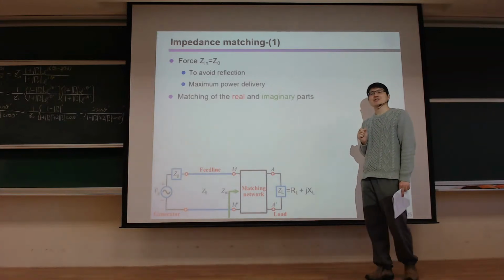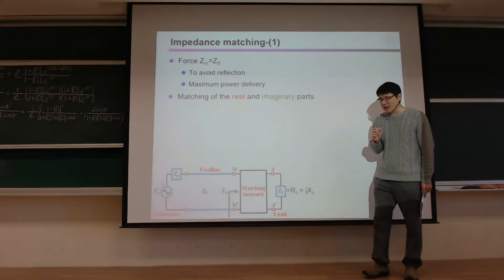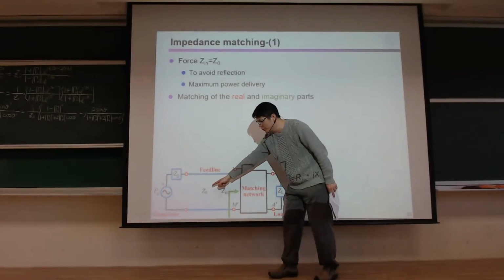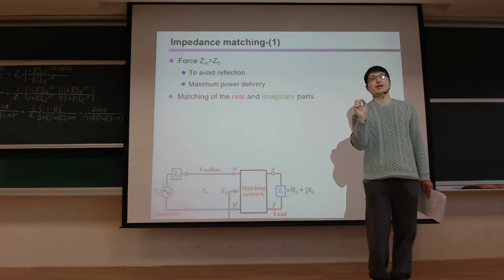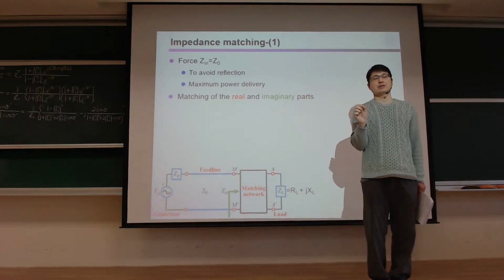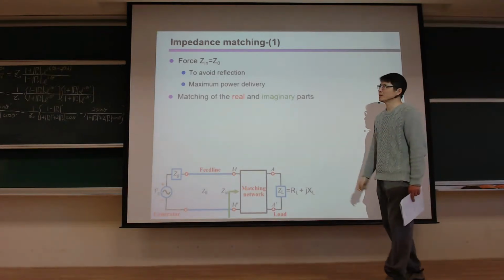So then you have to ask yourself, is it possible? Impedance matching means the load impedance ZL is equal to Z0. But Z0 is a purely real number. So there's no way, in general, to reach impedance matching. Okay?